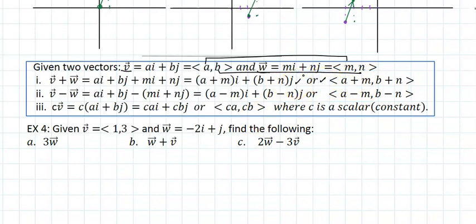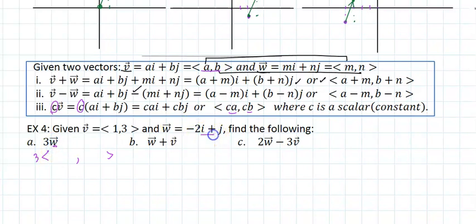If you want to subtract, you could do the same. And if you multiply a vector by a quantity, you end up multiplying both of its components. So when I say 3w, what is w? I like the component notation because I don't like to write ij, but it doesn't matter.